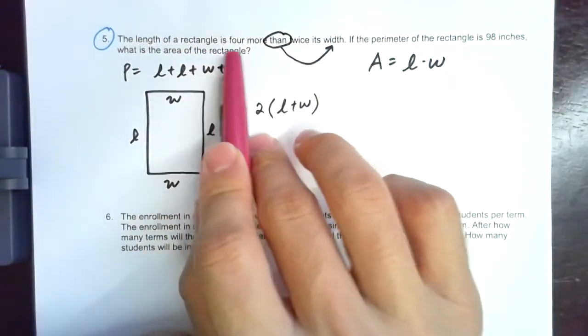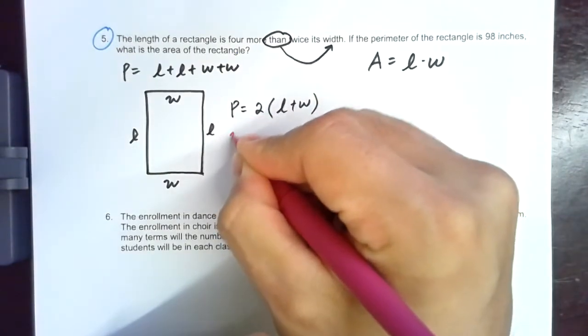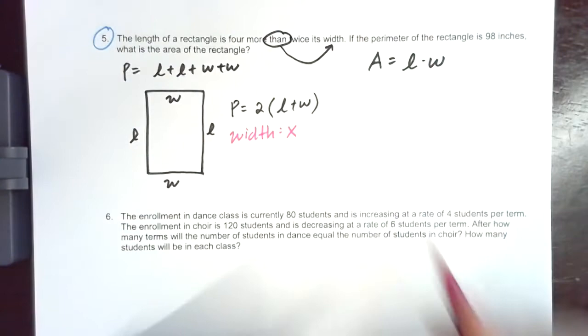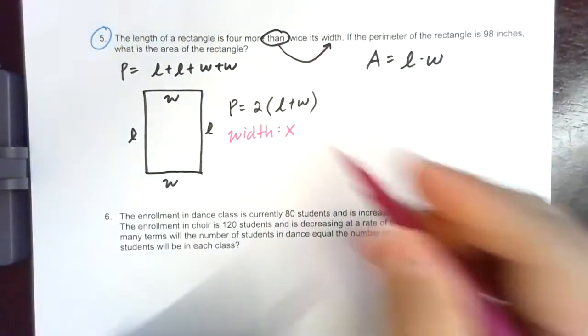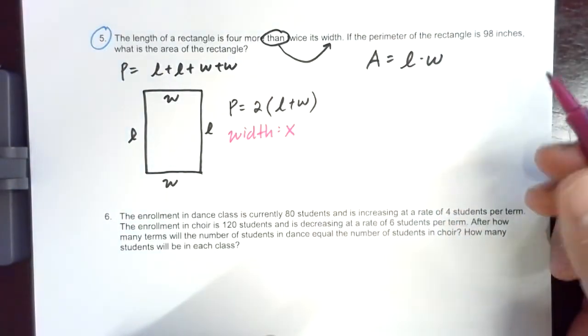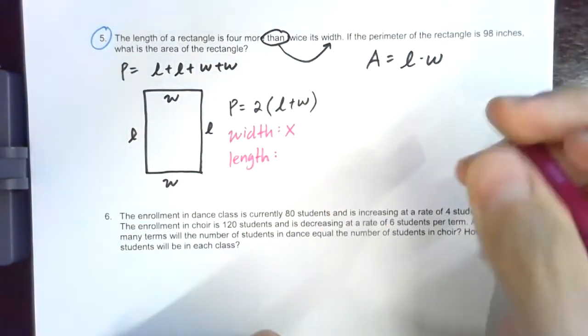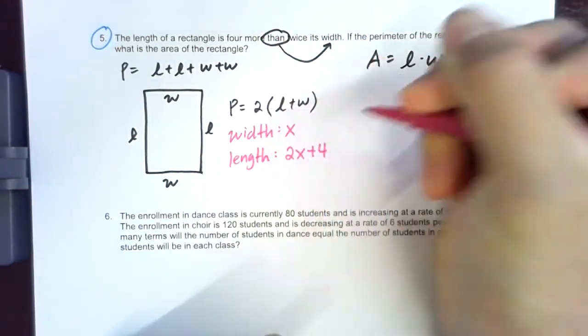It says the length of a rectangle is 4 more than twice its width. So I'm going to start by saying that the width is going to be x, right? We know that the width is the noun after the comparison. The width is x, and the length in this case is going to be 4 more than twice x, so 2x plus 4.